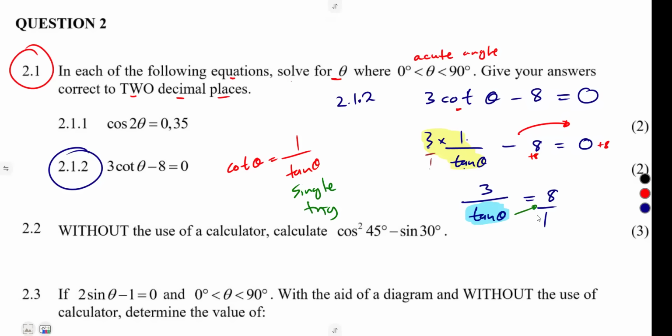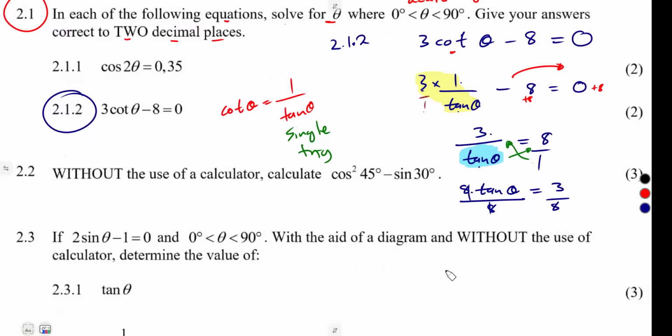So what can we do? Cross multiply. That's tan theta times 8 is going to give us 8 tan theta. 3 times 1 is going to give us a 3. So to find the tan of theta, divide by what? Divide by 8, divide by 8. So that's it. You have got the tan of theta, which is equal to 3/8.